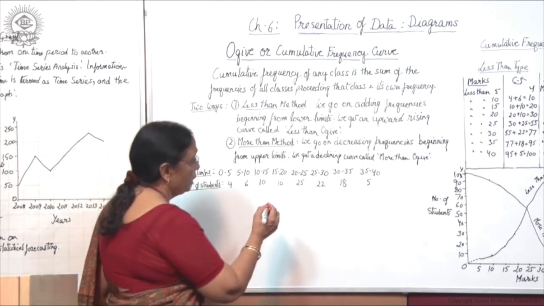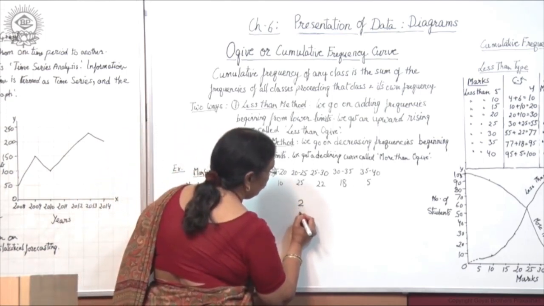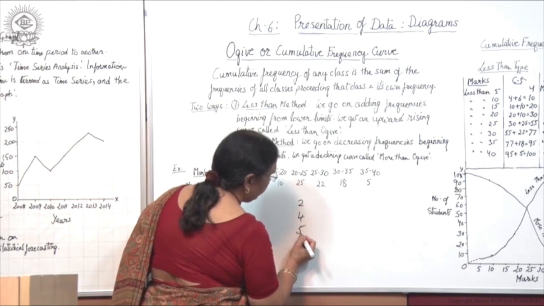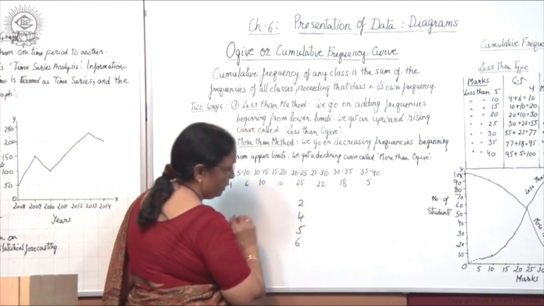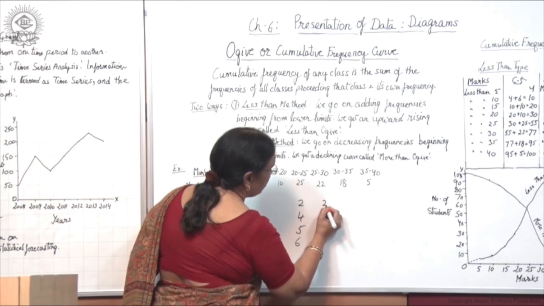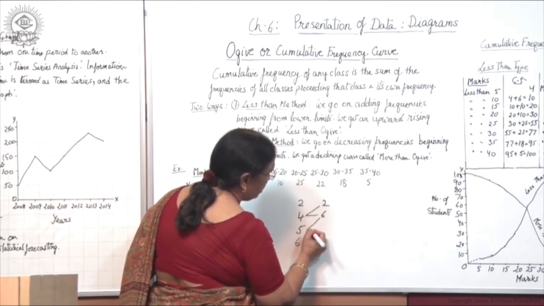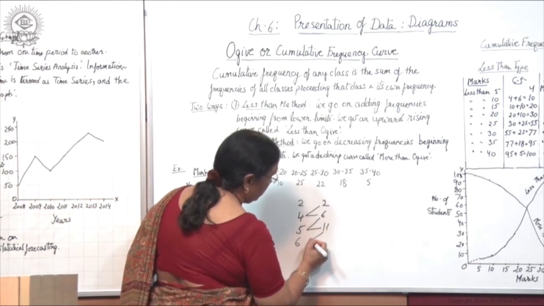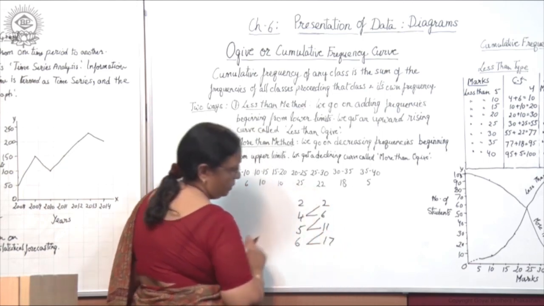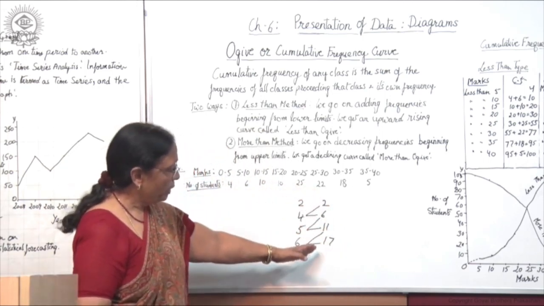For example, if frequencies are 2, 4, 5, 6, then in that case the added up frequency will be 2, 6, 11, 17, right? This way we go on adding up.